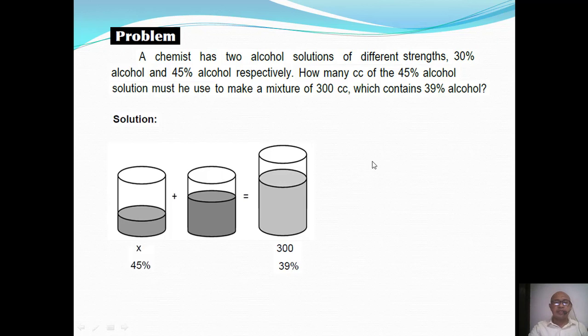The question is, how much of the 45% alcohol is to be used? So let X equal the amount of the 45% alcohol to be used. And the 30% alcohol solution to be used is represented by 300 minus X.